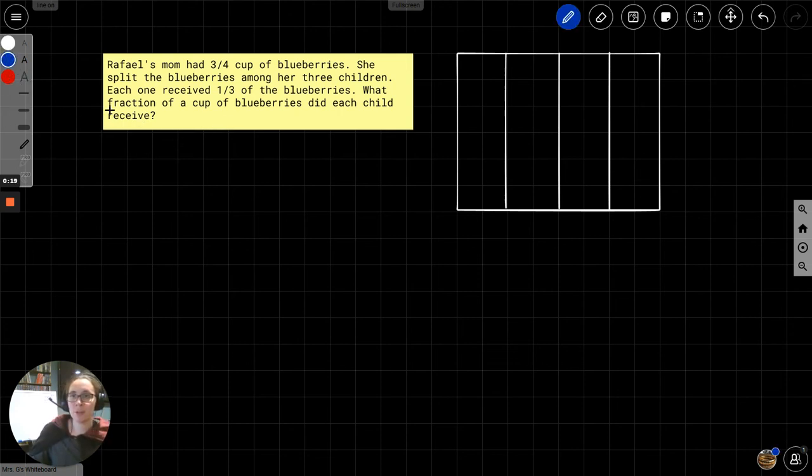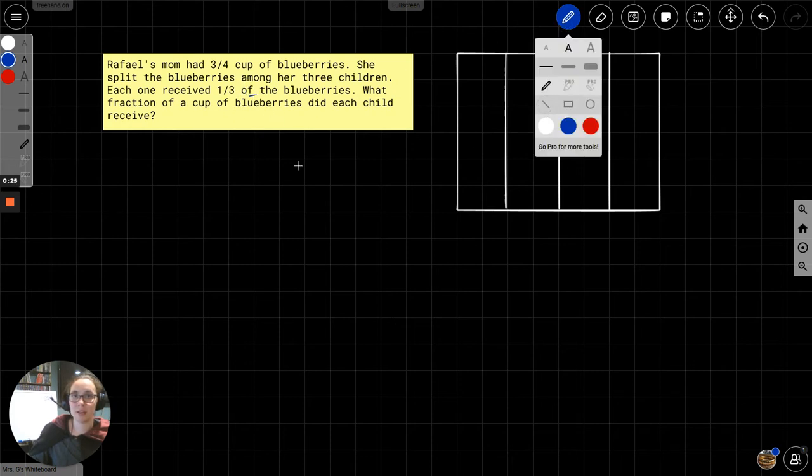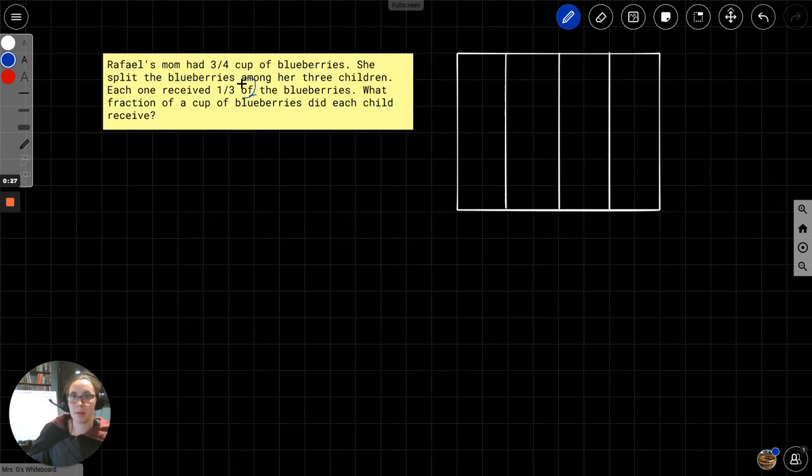The important word to notice up here is the word "of." Of is really important because it is a word that means multiply. When I see 1/3 of the blueberries, I know I need to multiply 1/3 times the blueberries.